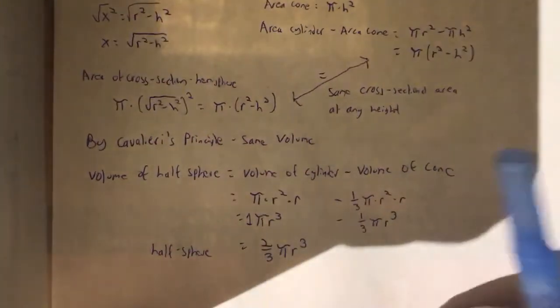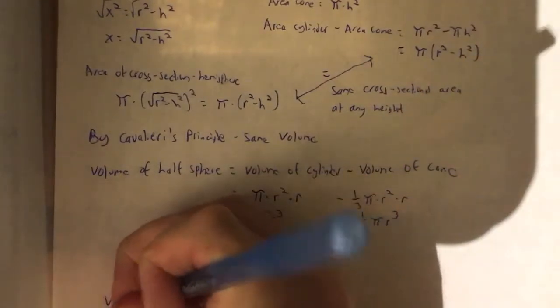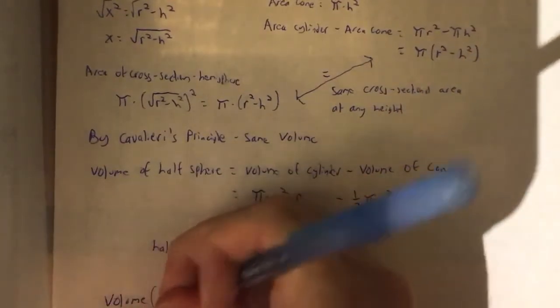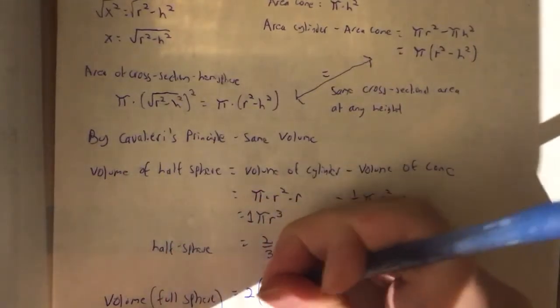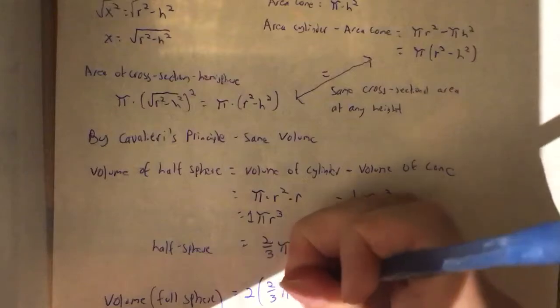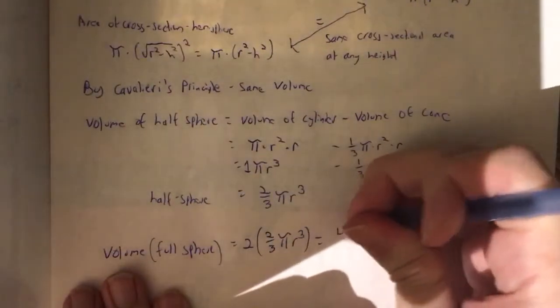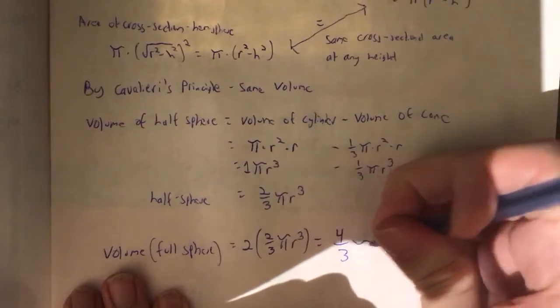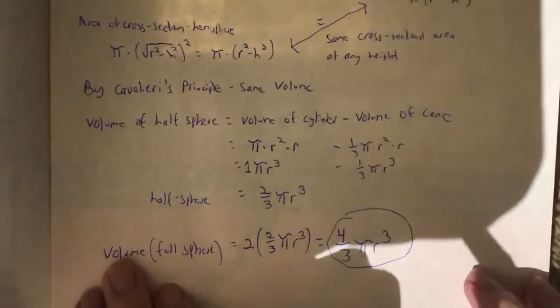So for a full sphere, it's just double. It's 2 times 2/3 pi r cubed. And this is just 2 times 2/3 is 4/3. So the volume of a full sphere, and this is your general formula, is 4/3 pi r cubed.